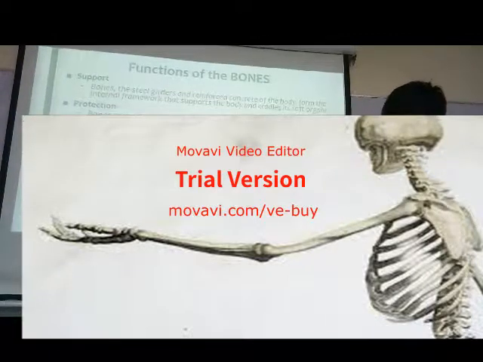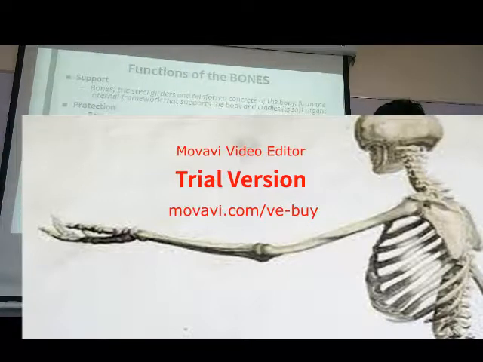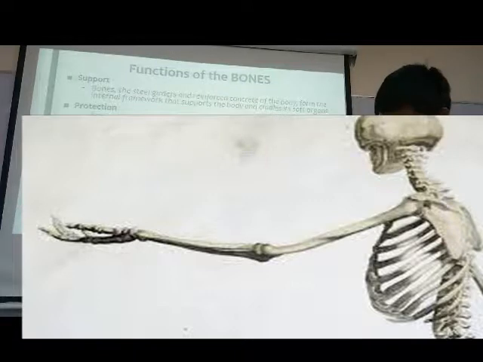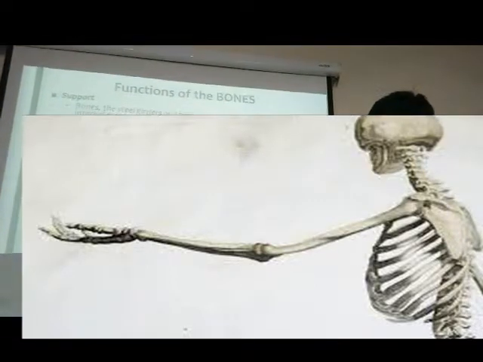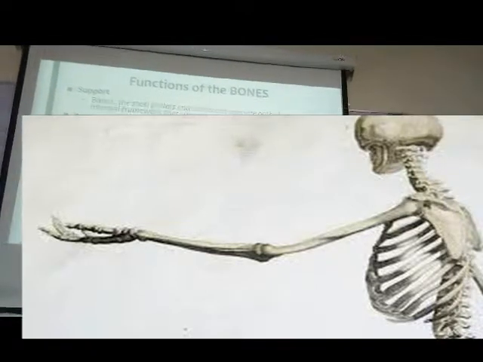The vertebrae surround the spinal cord, and the rib cage helps protect the vital organs of the thorax. Movement. As a result, we can walk, swim, throw a ball, and breathe.